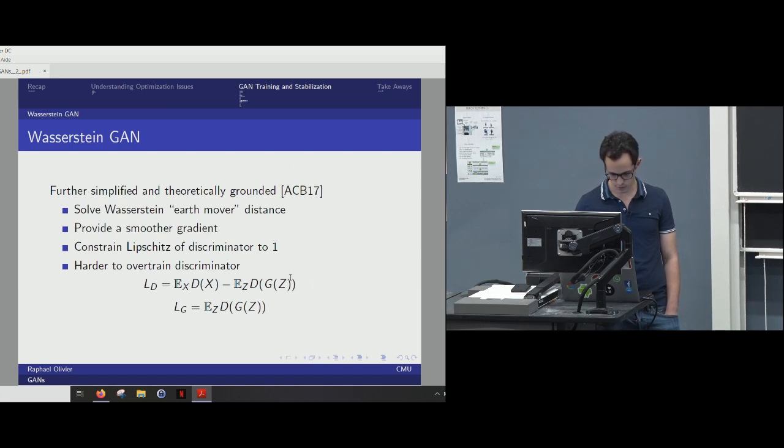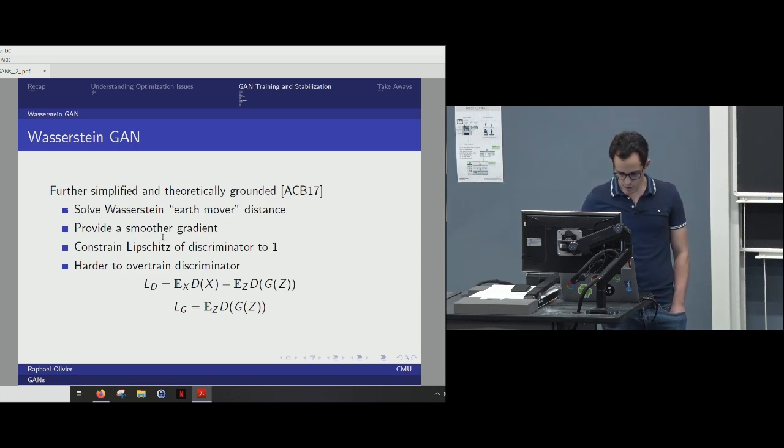It's just real minus fake. Simple as that. But there's a catch, of course. The catch is, in order for this not to become unstable and send everything to infinity, you need to constrain the discriminator to have a Lipschitz constraint of 1.